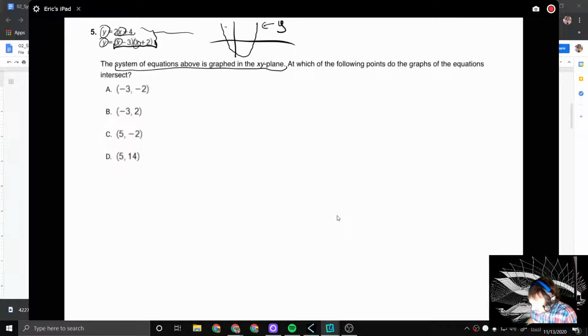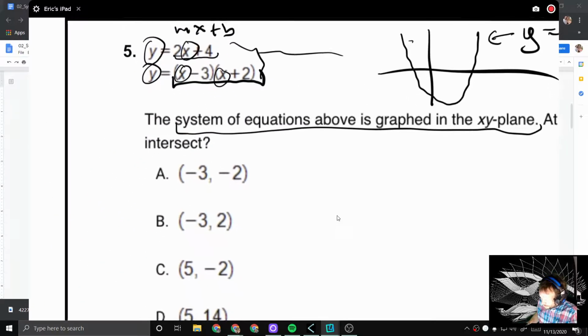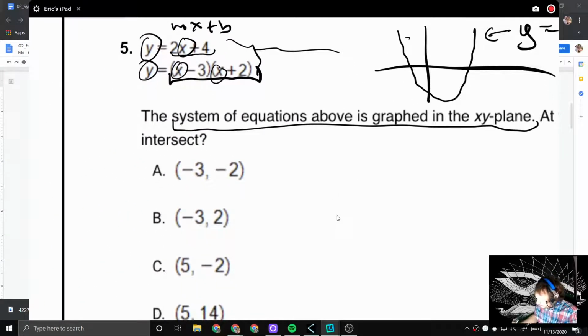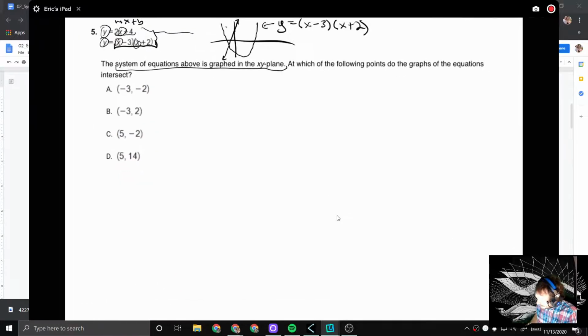That's y equals x minus 3 times x plus 2. This is just y equals mx plus b. So I can put in my 4 and my slope of 2. And I have the sense that they're going to intersect at that point right there.